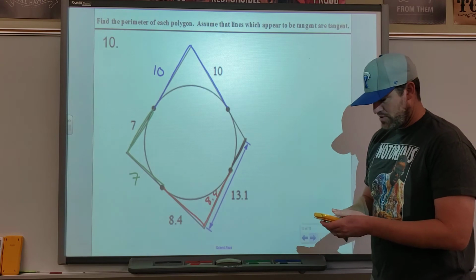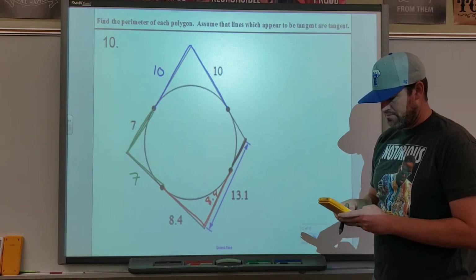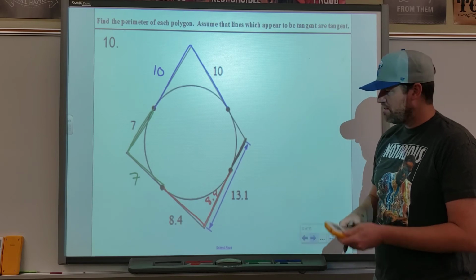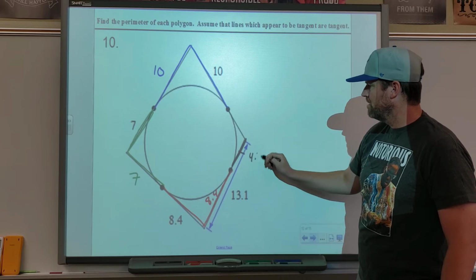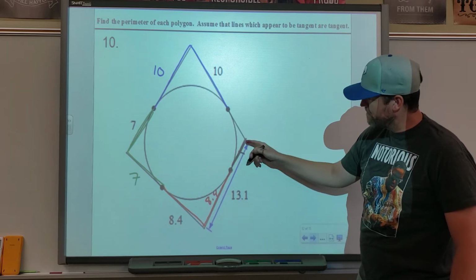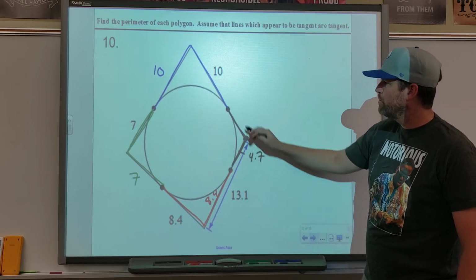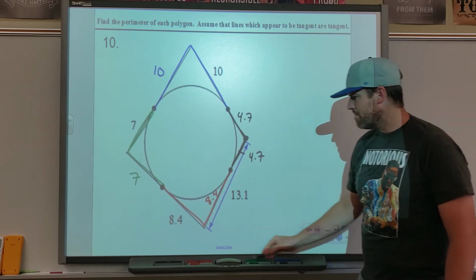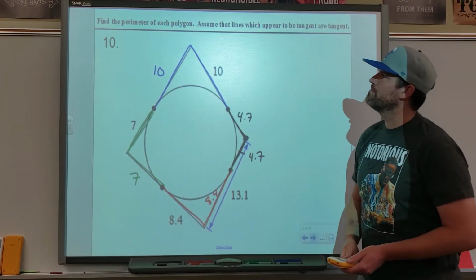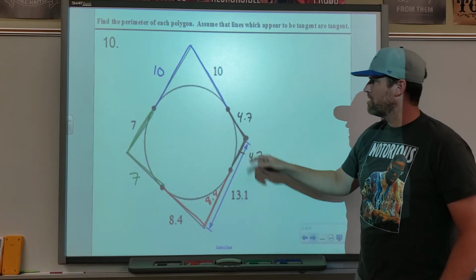So 13.1 minus 8.4 is 4.7. Which means if this tangent segment is 4.7, then the one that intersects at the same location will also be 4.7. And so now we can find the perimeter by adding up all of the parts.